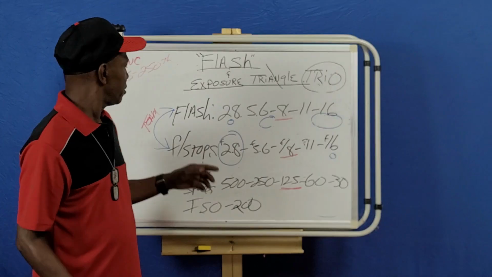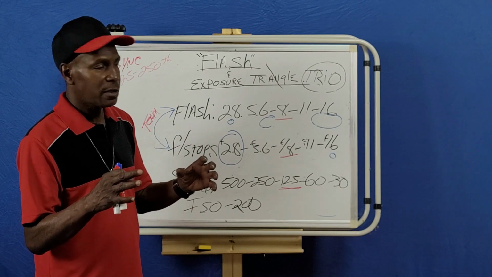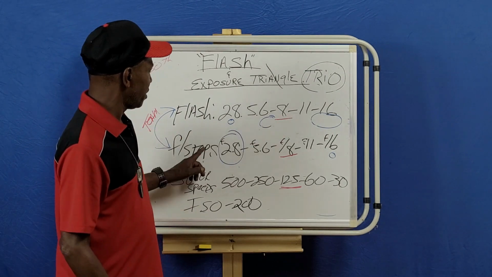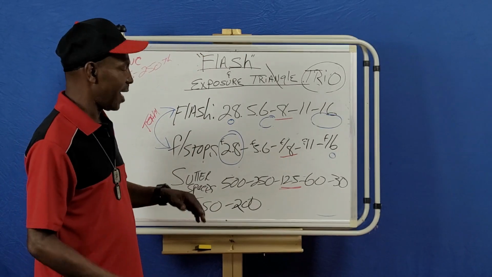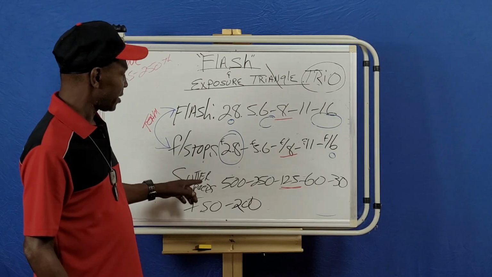It's critical now. Your flash and your f-stop are controlling the light on your subject based on the flash output and your f-stop. Now your shutter speed is standing alone. It's working by itself. It's not a trio anymore.